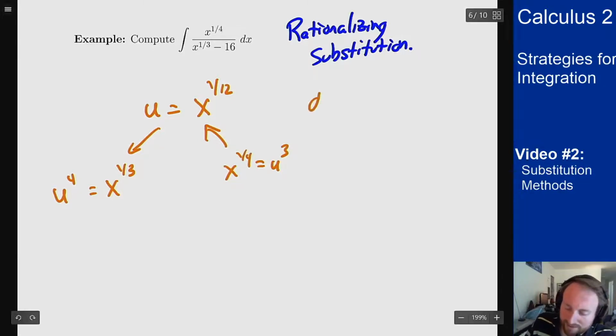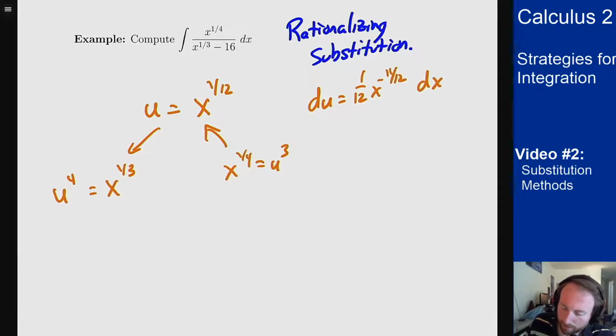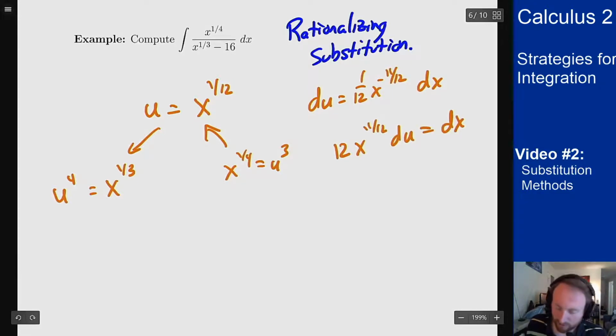With this, though, I have a du, and the du is then 1/12 x to the minus 11 over 12 dx, or 12 x to the 11th over 12 du equals dx, but since u is x to the 1/12, this is 12 u to the 11th du is dx.